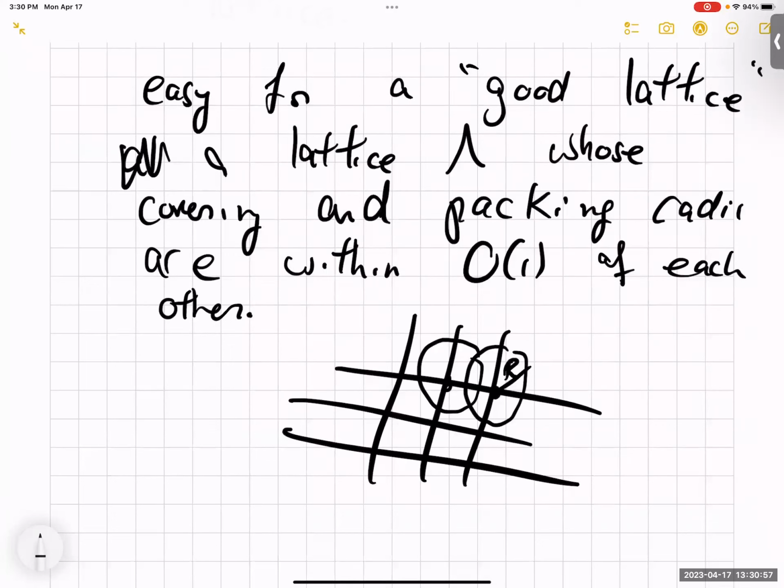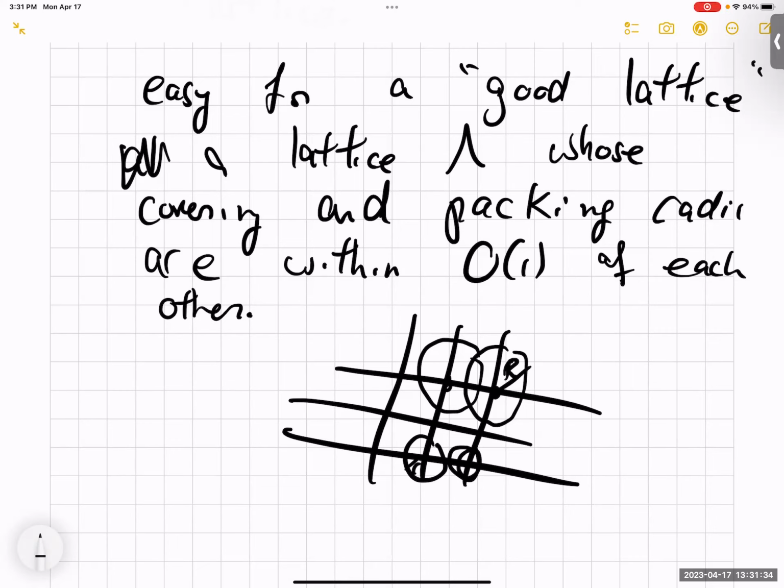And the packing radius is the largest little r such that if you draw Euclidean balls of radius little r around each of the points of the lattice, the balls have disjoint interiors. For Z to the n, the covering radius is root n, and the packing radius is of order 1.